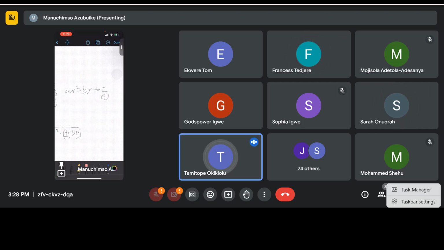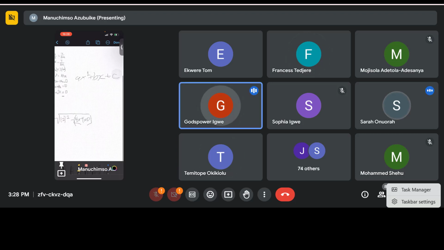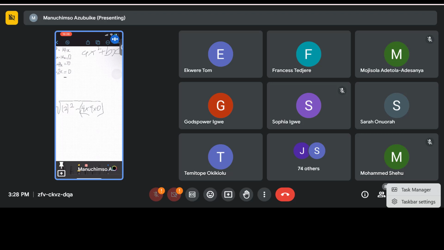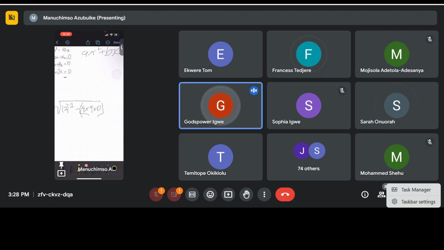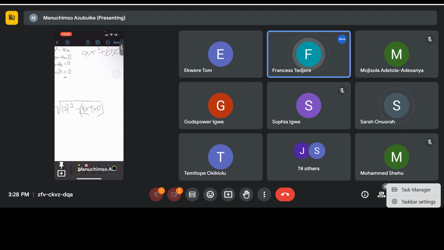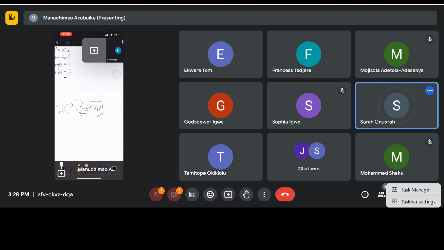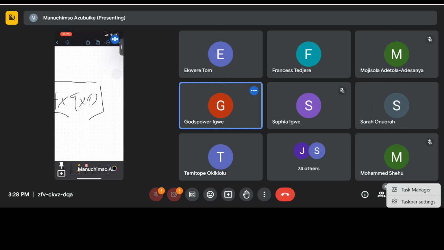Do you understand? You don't assume. We have seen this times 0, so all of this is automatic.